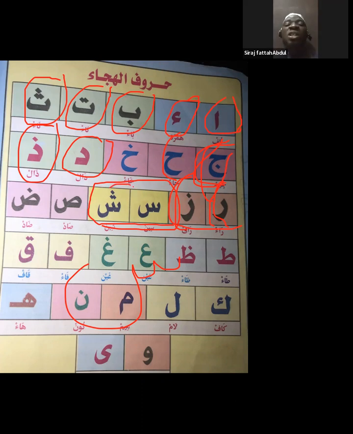Then the second one is Shin, as in sha, shi, shu. So the first one is Sin. The second one is Shin. Sin, Shin.